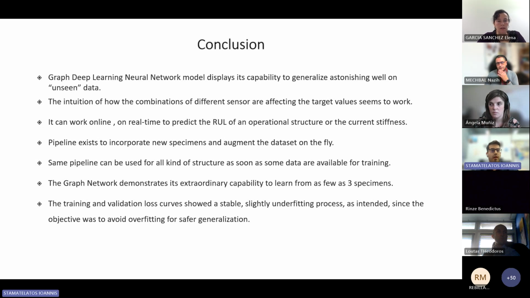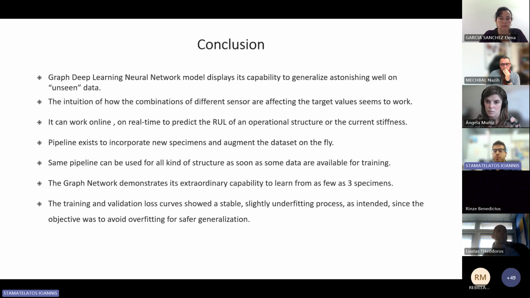So as we can see, the graph deep learning neural network is a very capable and astonishing architecture, capturing the unseen data, even in our case where we had only 4 FOD panels available.